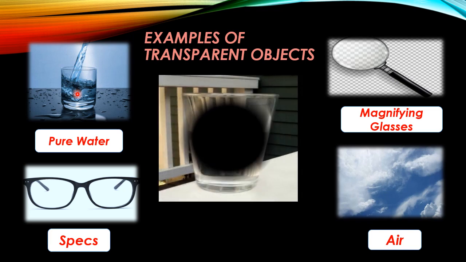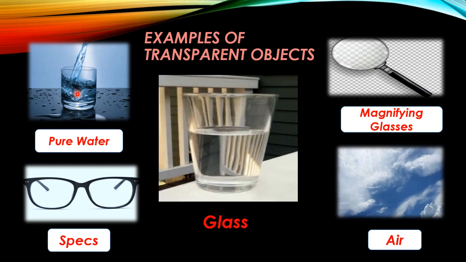Air, glass. In this glass also you can see the grill behind, you can see the water clearly. Means this glass is allowing light to pass through it. Means this is an example of transparent object.